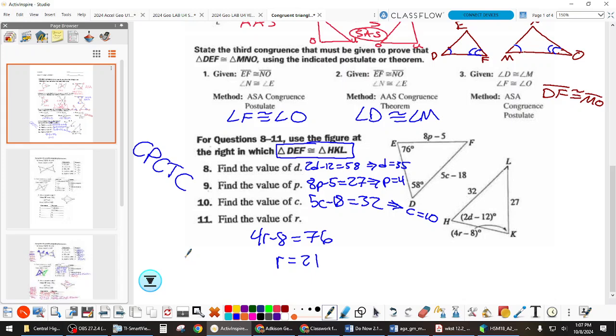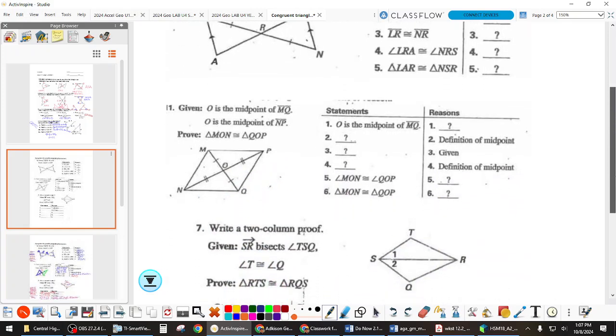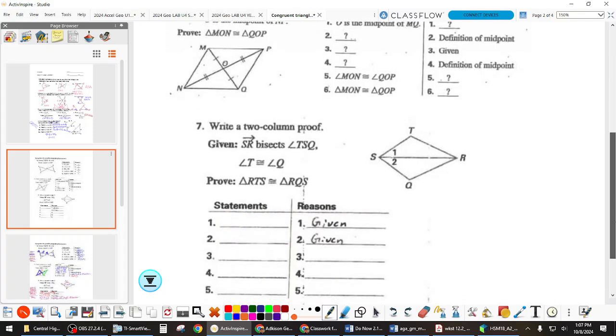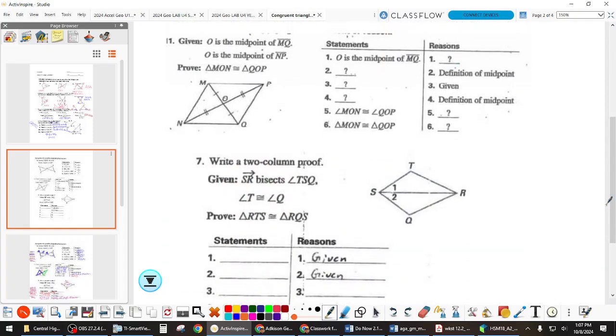All right, so that was a review of can we prove congruence and CPCTC solving. That's where we are. Flip it over. Our last stuff is proofs. So I want you to notice, let's start with these bottom two.